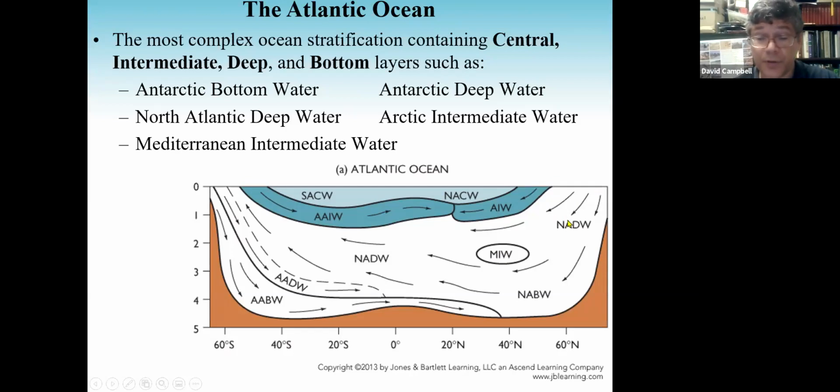And so this flows down south under the shallower stuff, gets down towards Antarctica. It's even colder there. So that water gets chilled and sinks down once more to form this Antarctic deep water, Antarctic bottom water.